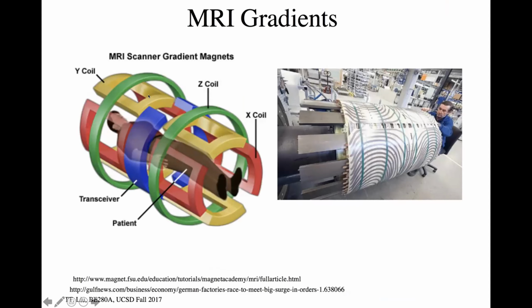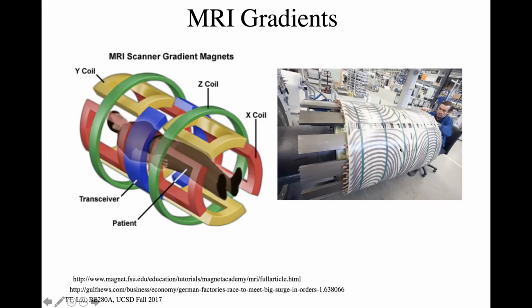And these are what they look like idealistically, as a cartoon. This is what they look like when they're built in the shop, okay? And you can see the copper strip here, that's where the current will run in this gradient coil. Each one of these strips will have current running through it.